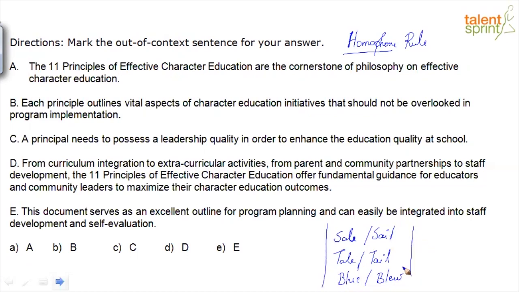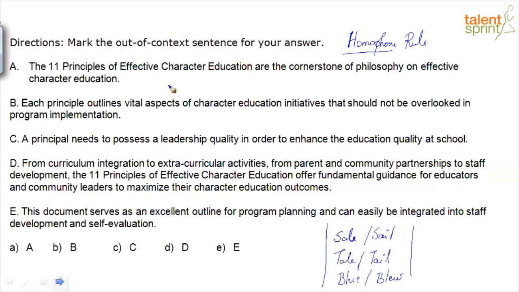So it's important for us to identify if there are homophones, which can help us figure out the context that is not in line with the general theme or idea, right? So let's quickly look at it. A, the 11 principles of effective character education. Then it says each principle outlines vital aspects of character education.